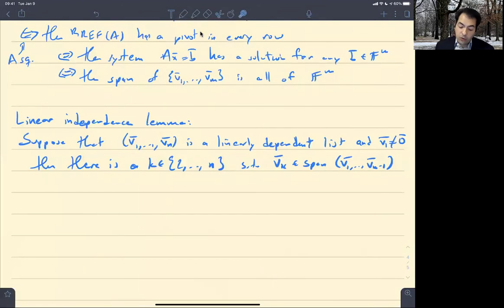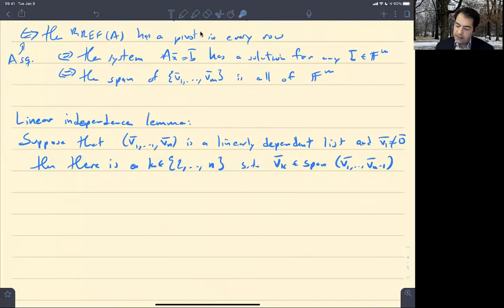Okay, so what this lemma is doing, this is just to make it easy to prove things, is that it says, okay, put your vectors in order. Pick an order, doesn't matter which order. And let's say that the first vector in this list is not the zero vector. Okay, then it's always going to be true that one of the vectors can be written as a linear combination of the previous ones. Right?